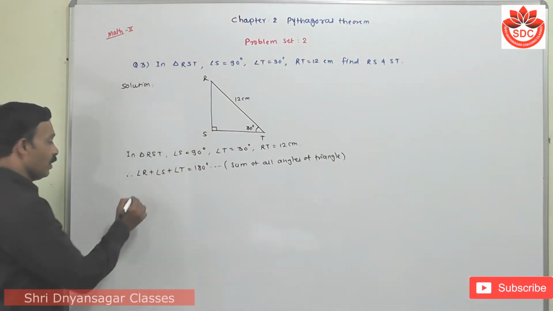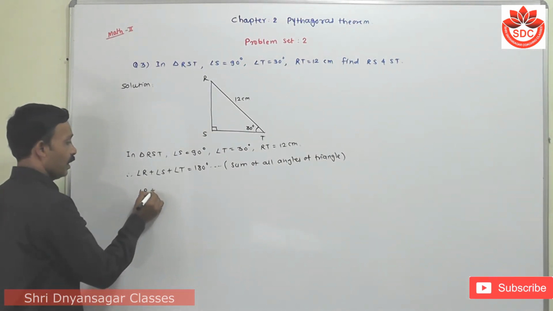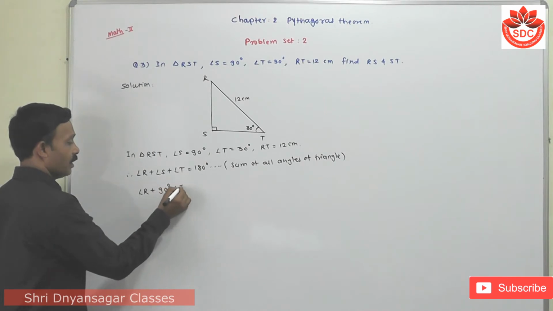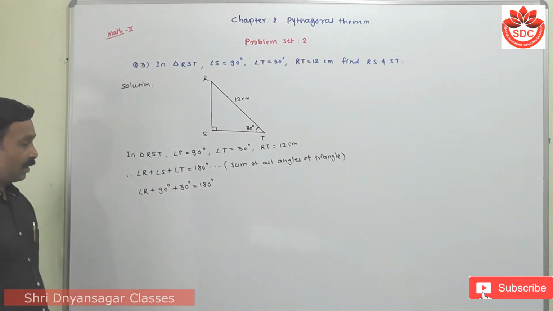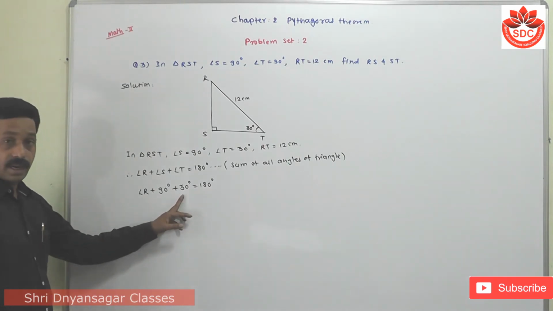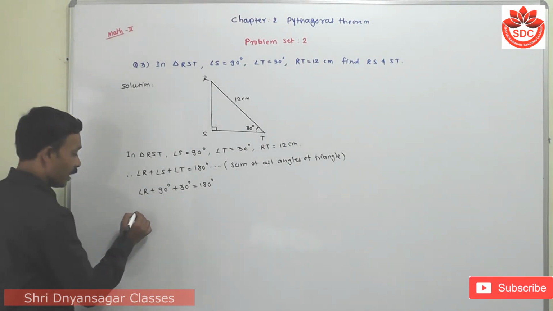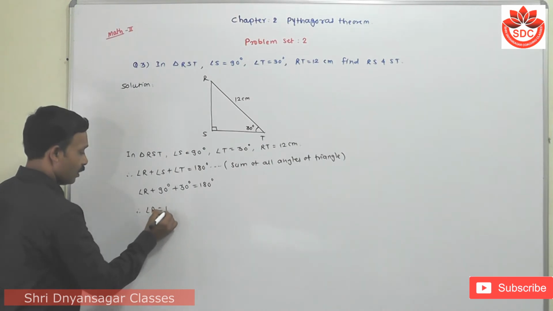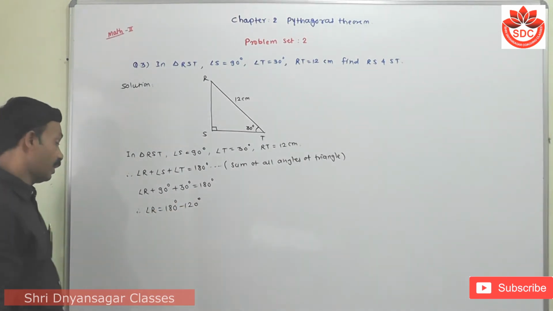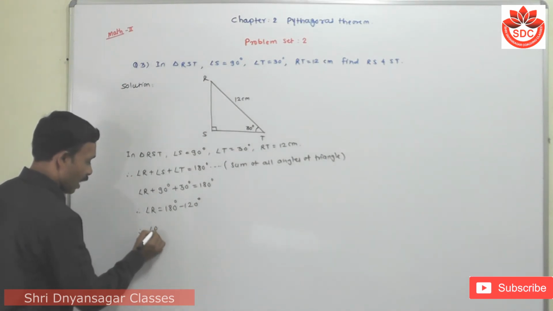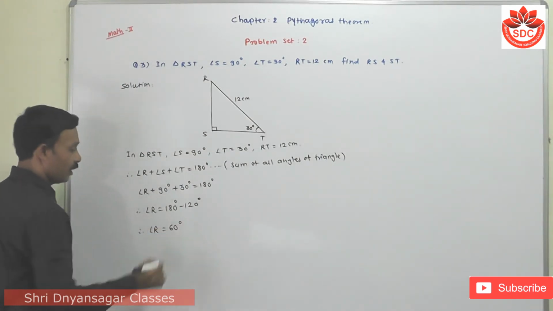Substituting, angle R plus 90 degrees plus 30 degrees is equal to 180. The addition is 120. Transposing, angle R is equal to 180 minus 120.